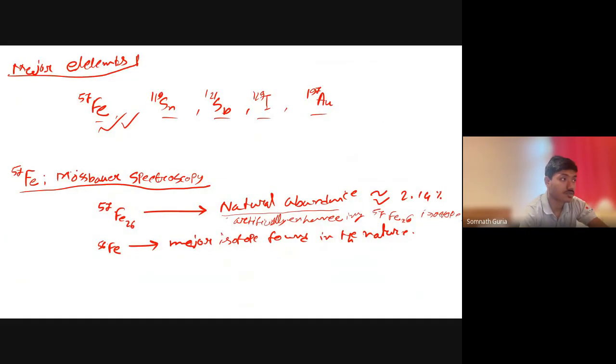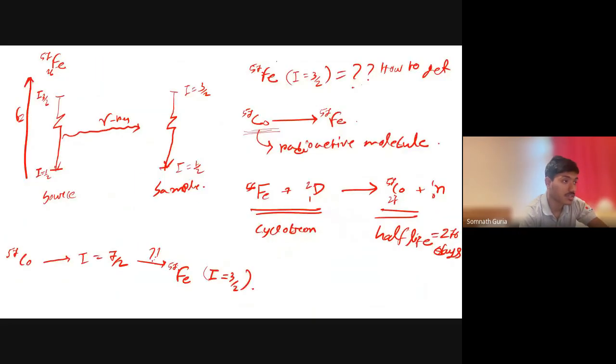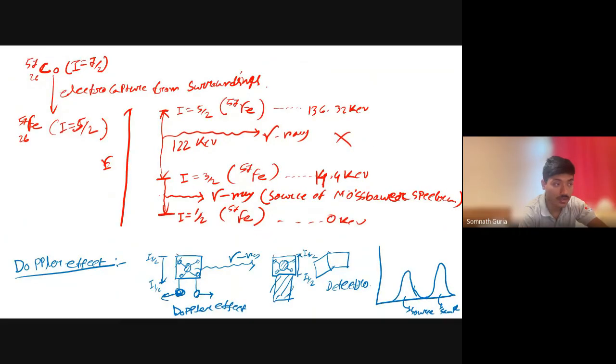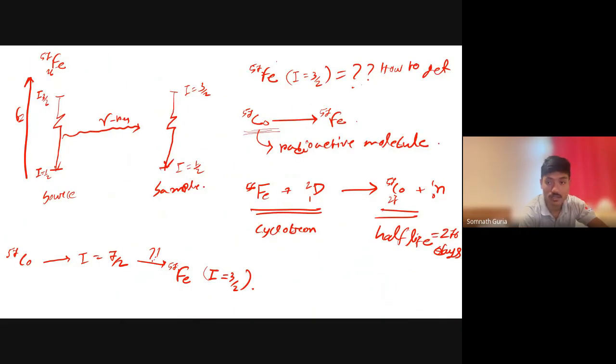Majorly we are looking at iron 57, and to get the iron Mossbauer spectrum there will be a source. That source should be iron 57. This iron 57 comes from the cobalt 57 isotope. How can I make cobalt 57? There is iron 56; if you bombard it with high energy deuterium, it will form cobalt 57 and one neutron.